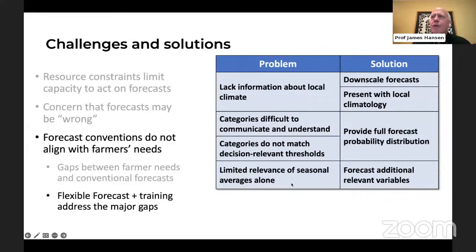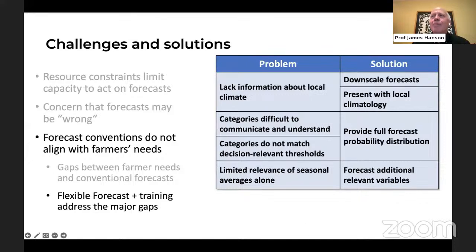And the objective methods that are increasingly used, replacing subjective consensus methods, make it possible then to forecast additional variables like the start of the rainy season, the length of the growing season, risk of dry spells during particular critical periods.